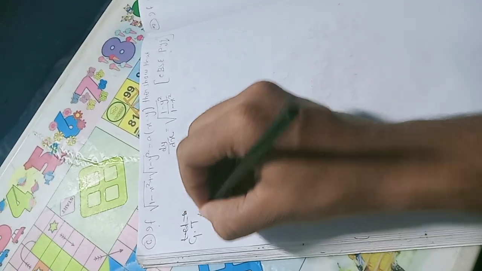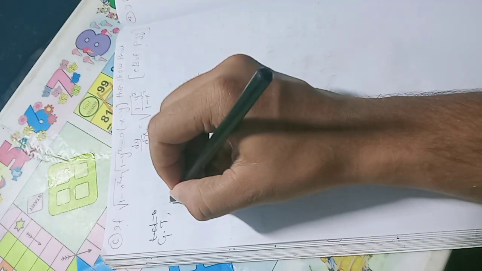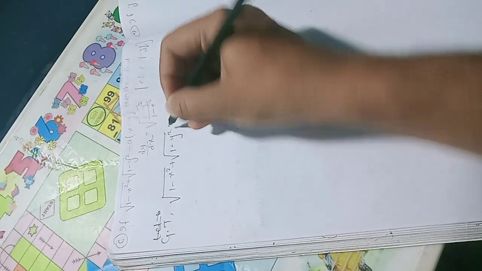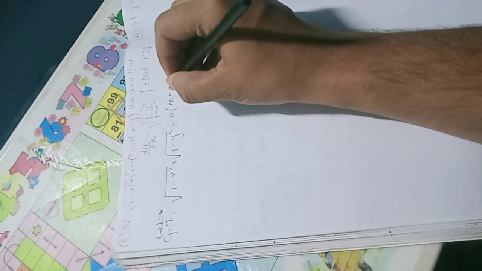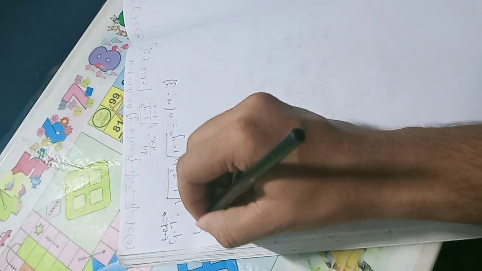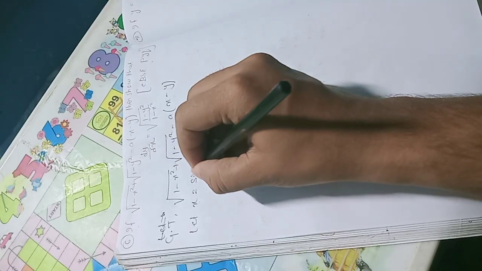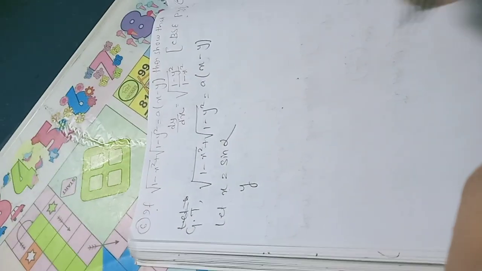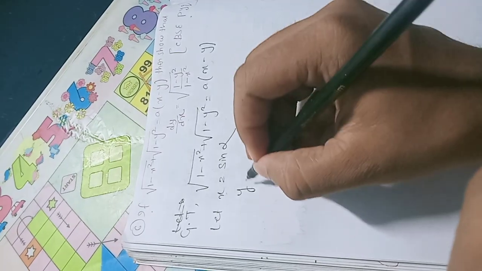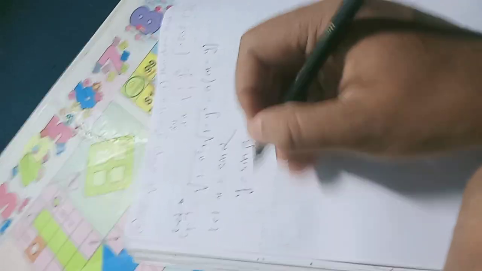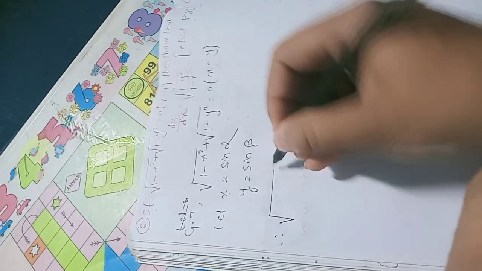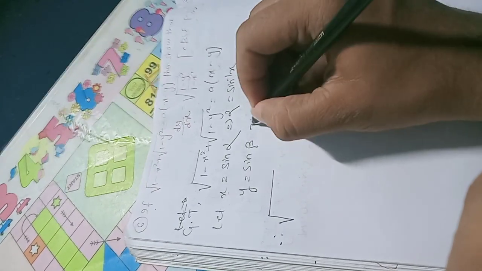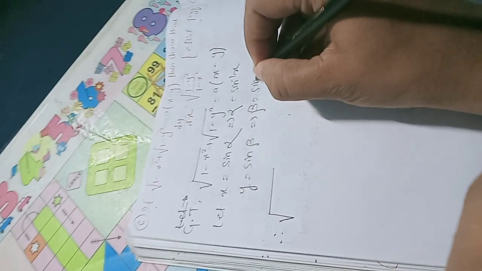and given that root 1 minus x square plus root 1 minus y square is equal to a into x minus y, let x is equal to sin alpha and y is equal to sin beta. Therefore alpha will be sin inverse x, your beta will be sin inverse y.